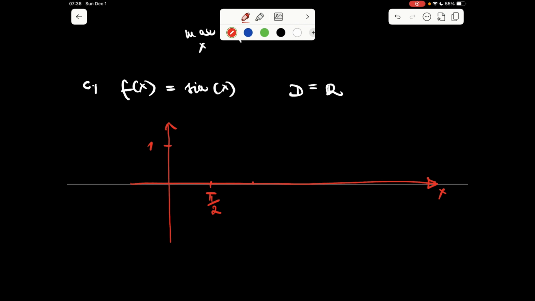Pi, 2 pi. So we can scale the horizontal axis very easily.